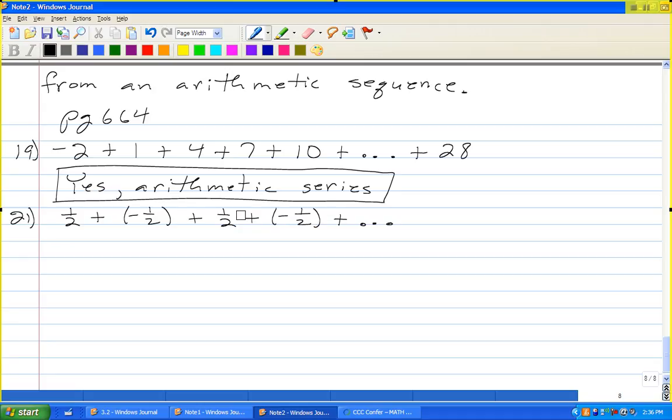So no, this is not arithmetic. It actually turns out to be what's called a geometric series because I keep multiplying by the same amount, negative 1. So this is a geometric series.